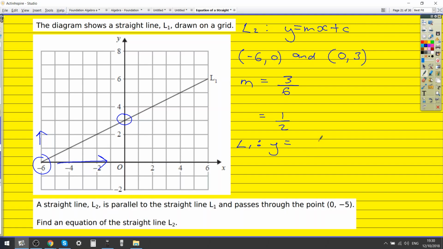I don't know. So it's going to be y equals mx plus c. What is m? Got the gradient, which is a half. So y equals a half x. And how about c?